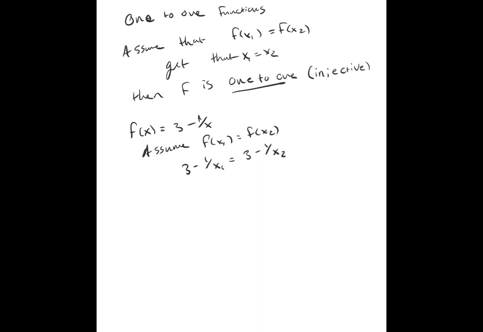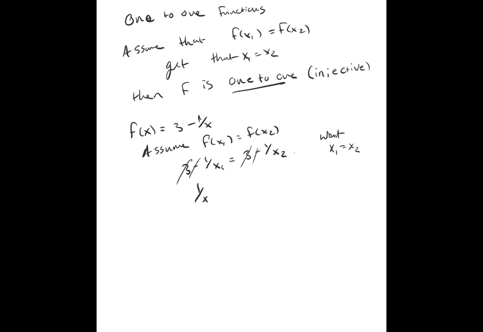Now we want to use algebra. We want to just manipulate this equation and eventually get to what we want, x1 equals x2. So if we subtract 3 from both sides, we can just cancel that off. And then since both of these are negative, we can multiply both sides by -1. So we don't have to worry about that being negative.